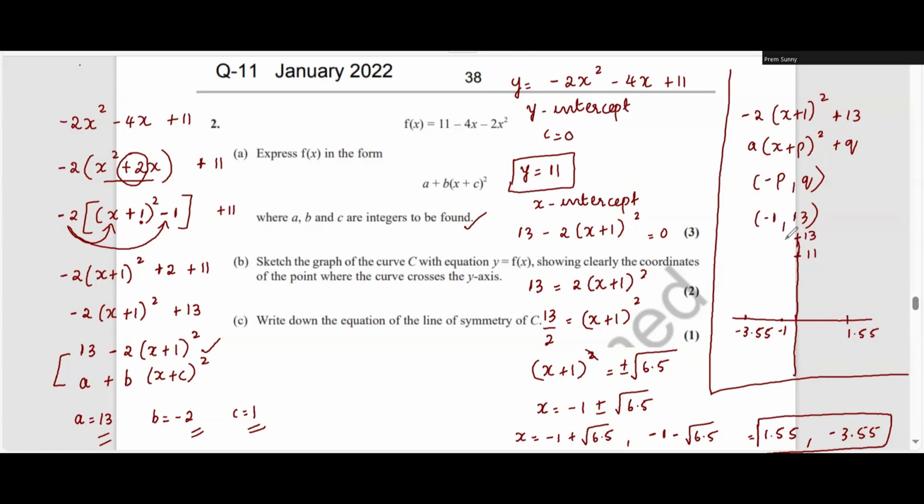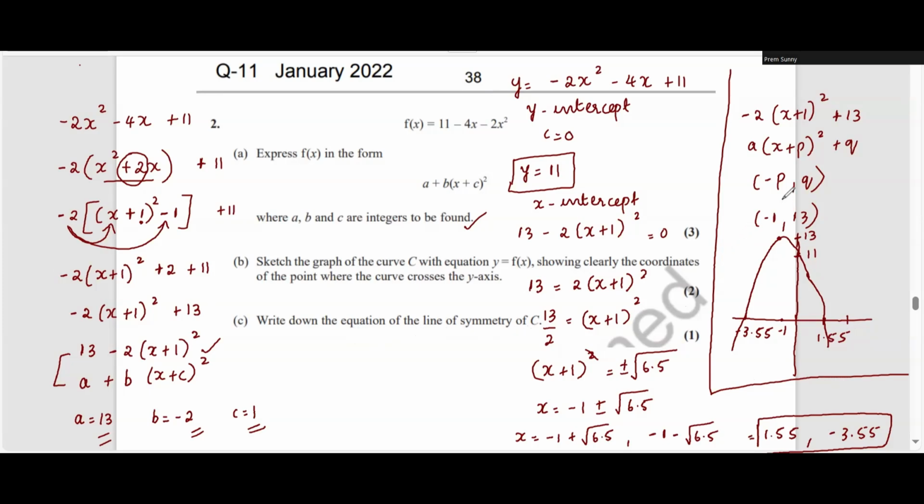So minus 1 and 13 will be somewhere over here. So just draw an n-shaped parabola because the coefficient of x squared is negative. I'll just change my 1.55 to here. So this will be 1.55.